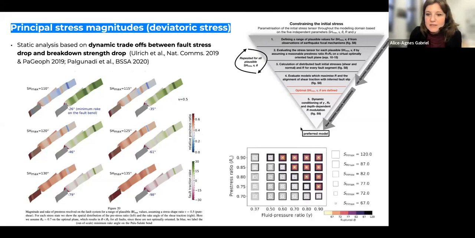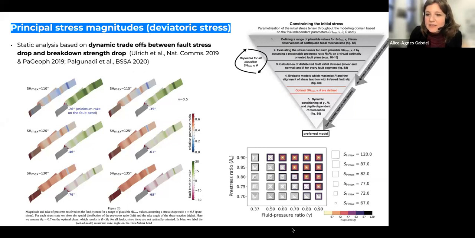This has proven really useful to avoid having to run a large amount of forward models to explore the parameter space, because we're also adding the fluid pressure ratio as the fourth parameter, which scales the gradient of the normal stress with depth.